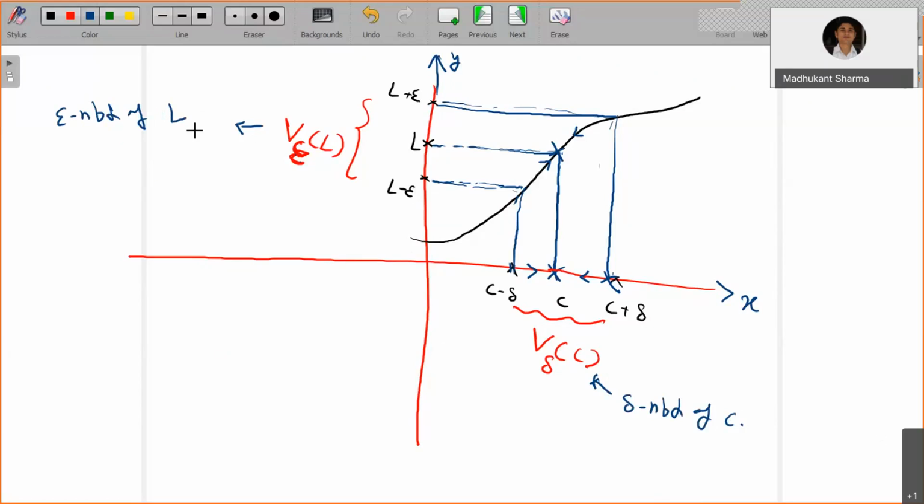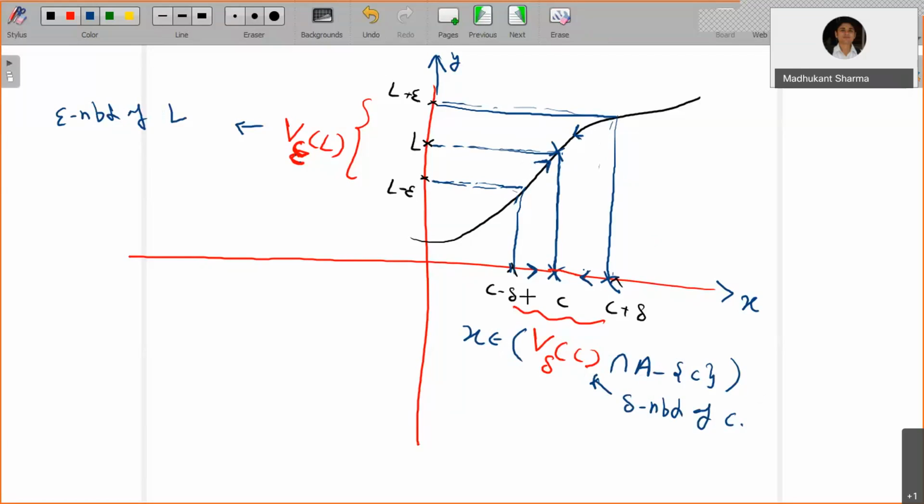For a given epsilon neighborhood of L, you will always be able to identify a delta neighborhood of c, which lie on the y-axis and x-axis respectively, such that whenever you pick any point from the delta neighborhood of c, taking only the points which are part of A and punctured at c, so we are looking at only those points, then for every point x in this, the given function f approaches L.